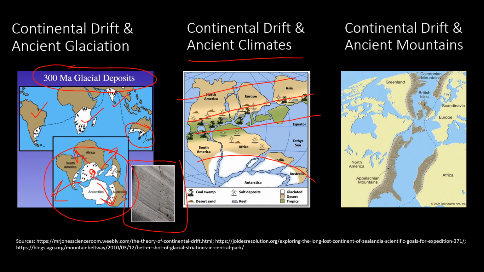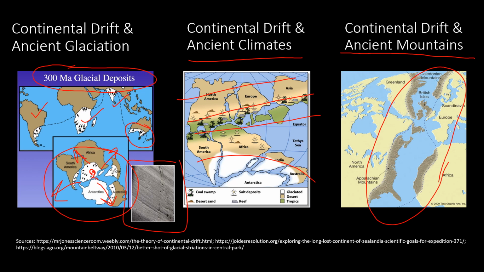Wegener also noticed, though, that there's evidence supportive of continental drift if we look at the distribution of ancient mountain ranges. And here, if we look at both sides of what's now the wide Atlantic Ocean, of course, we have what appear to be separate mountain ranges straddling both sides of the Atlantic Ocean today.